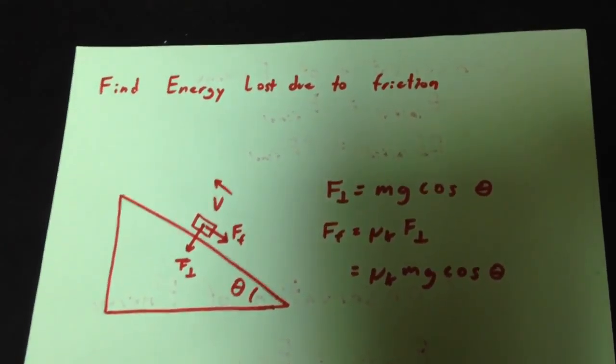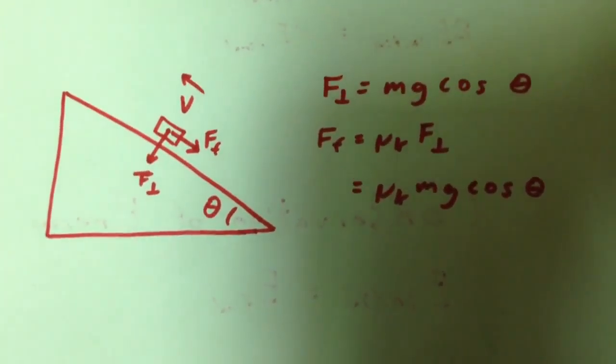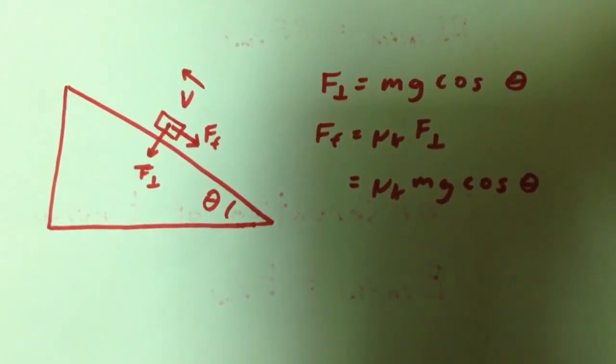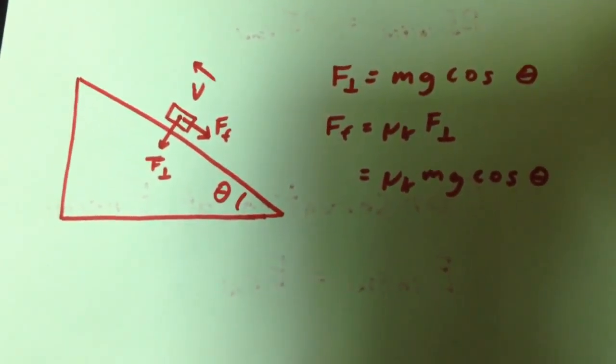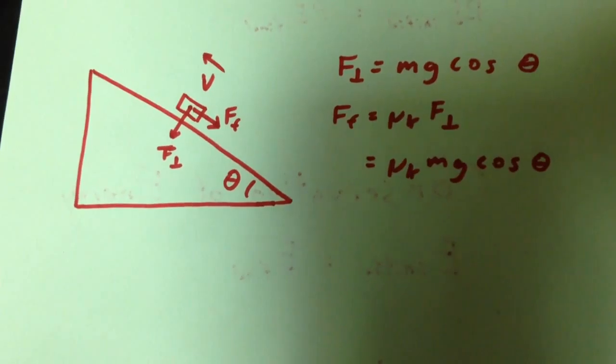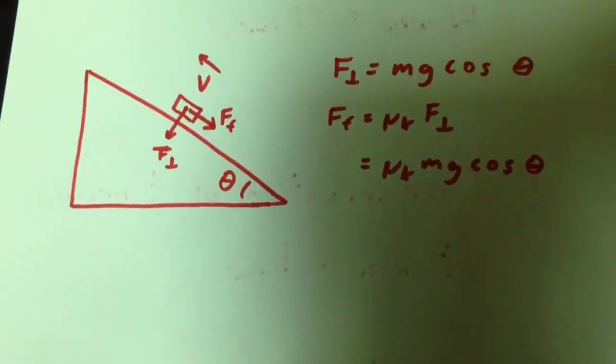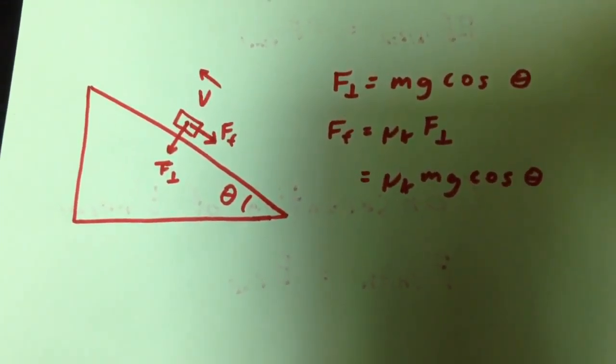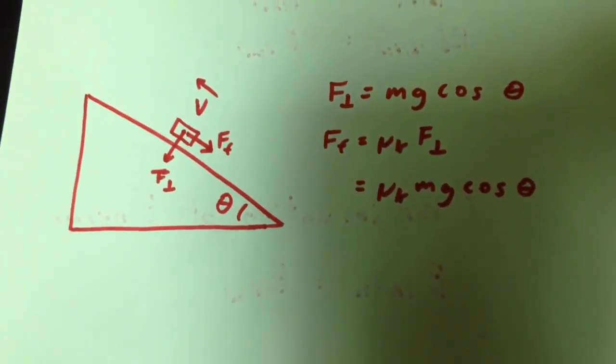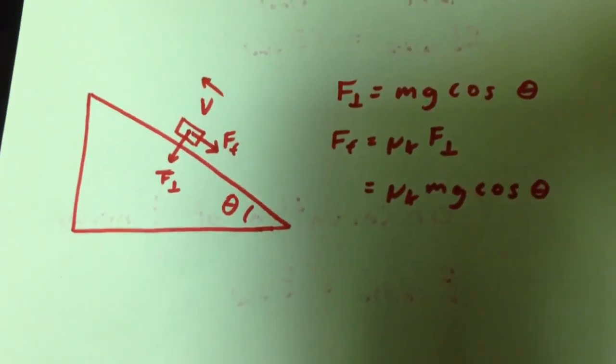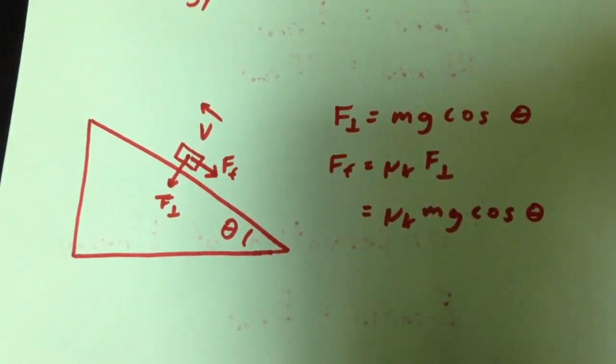Here I have reproduced the ramp from the left side of the diagram. As the block travels up the ramp, gravity pushes it against the ramp surface. The normal force of the block on the ramp is equal to mg cosine theta, where m is mass, g is gravity, and theta is the angle of the ramp.